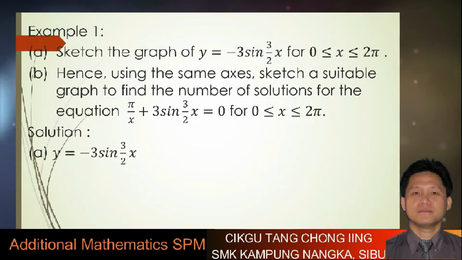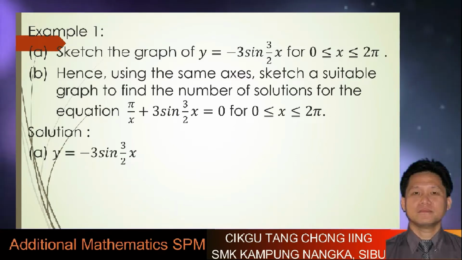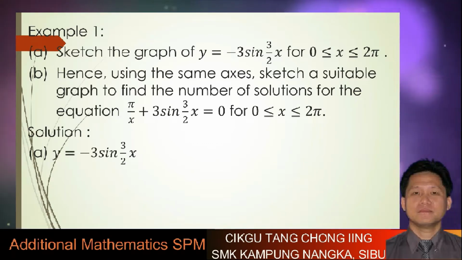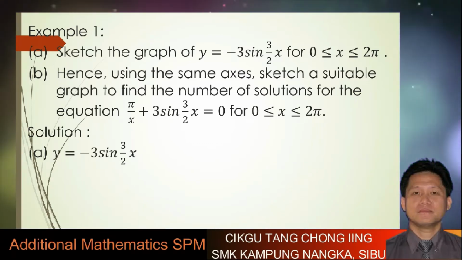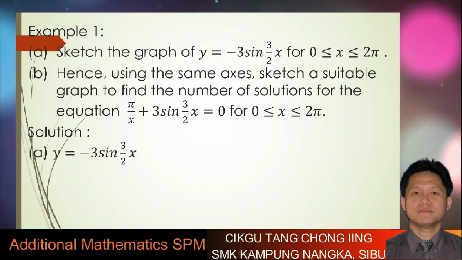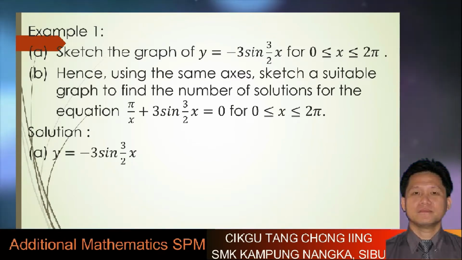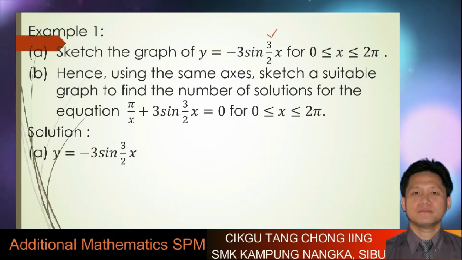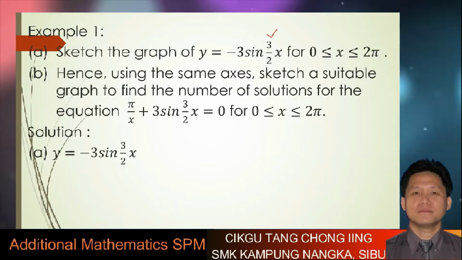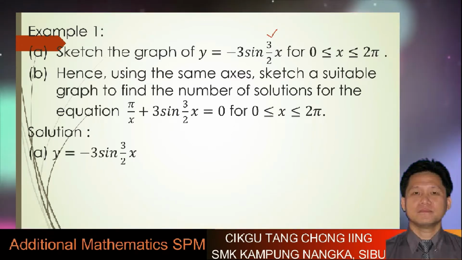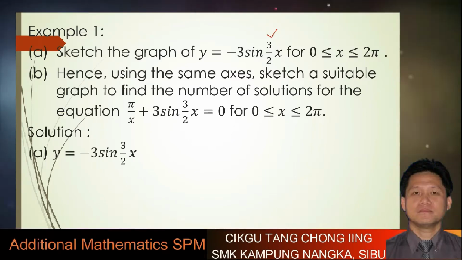A. Sketch the graph of y equals -3 sine 3/2 x for x between 0 and 2 pi. Now you notice here we have 3/2 x, meaning the shape of the graph of sine will be repeated 1.5 times.